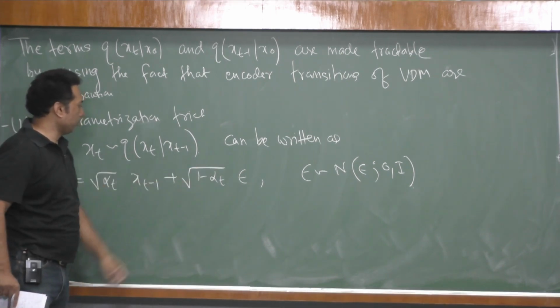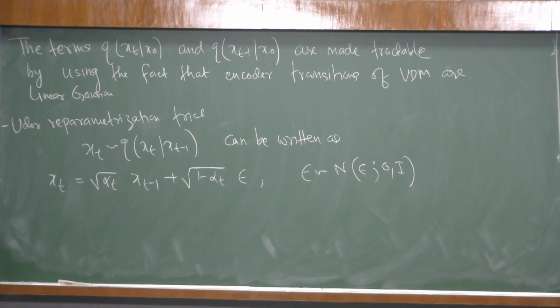So this is like a sigma here. This is a common thing we also saw in the probability class, that this is how we can obtain a given normal distribution. And similarly, we can also say this for xt minus 1.